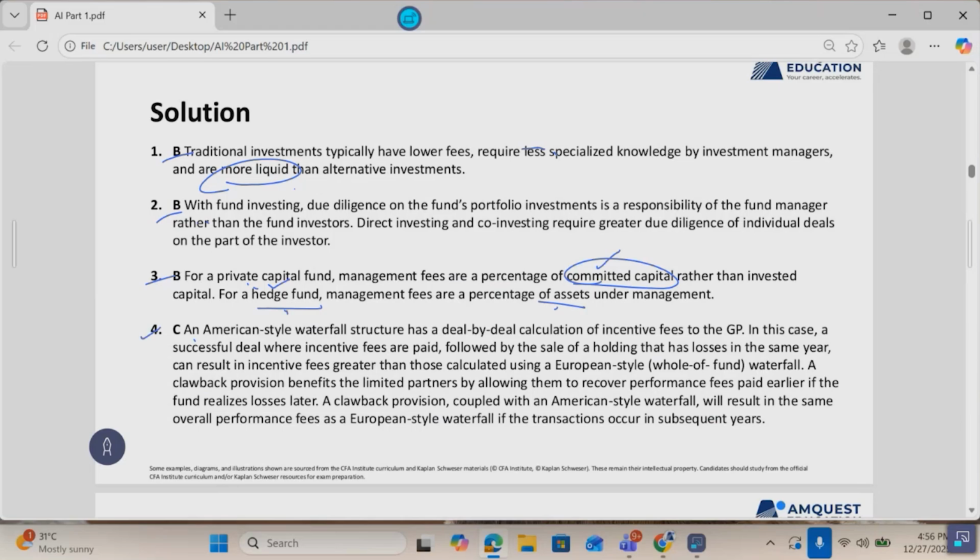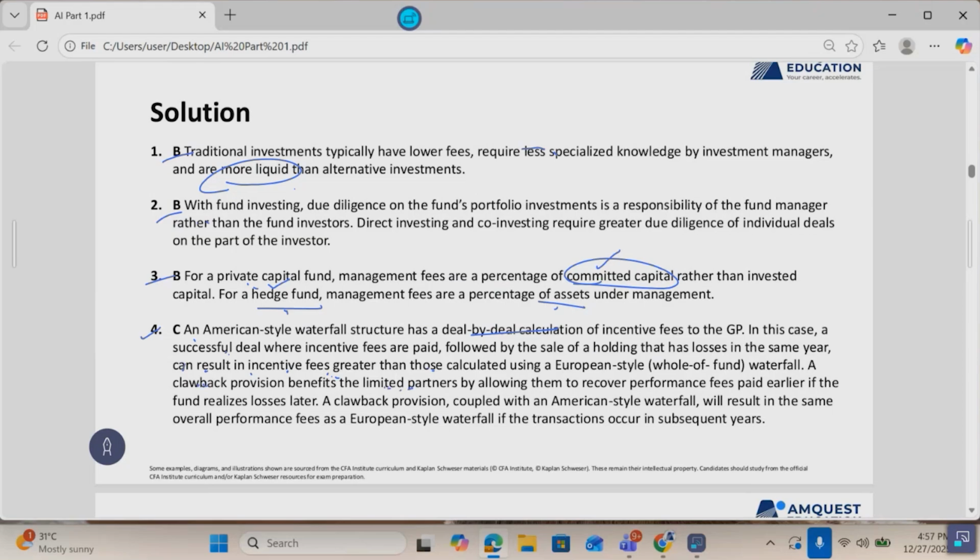We have a deal by deal calculation of the incentive fees to the GP. Okay. So incentive fees are paid, followed by the sale of holding and losses, which can then result in incentive fees greater than those calculated. So you might end up paying more incentive fees under a deal by deal structure compared to a European style, right?